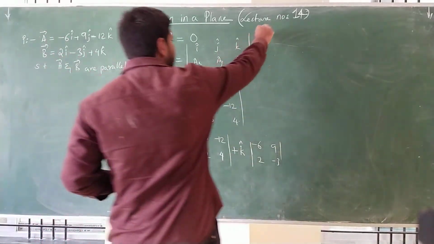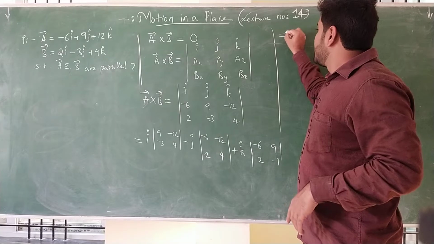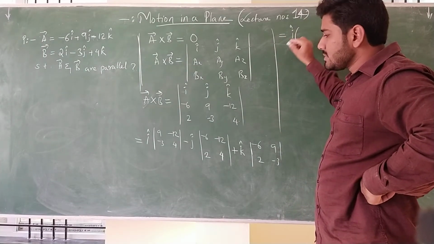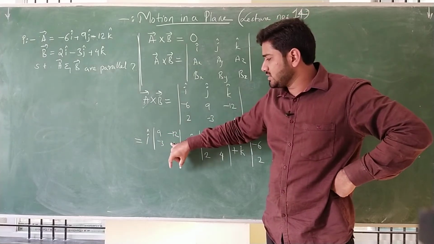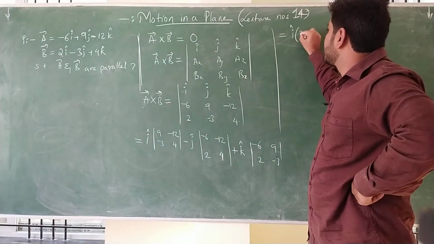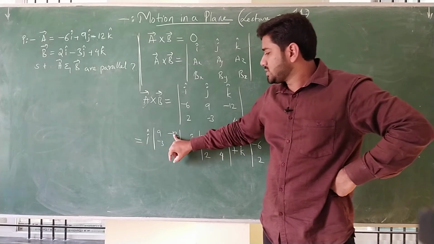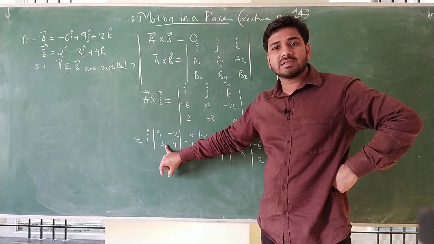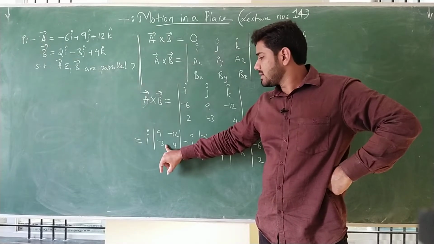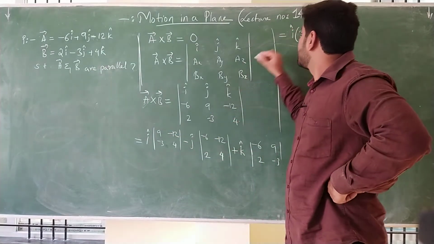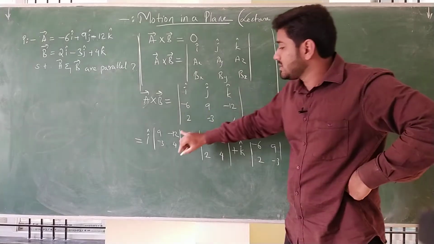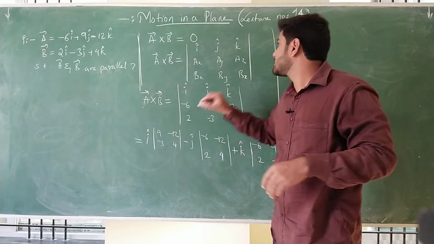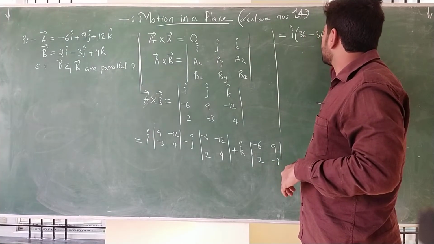Now let's come here. It is equal to i cap into, look how to do it: 9 × 4 is 36, minus 12 × minus 3. What is it? Minus into minus is plus, so 36 minus 36, which is plus 36 minus 36.